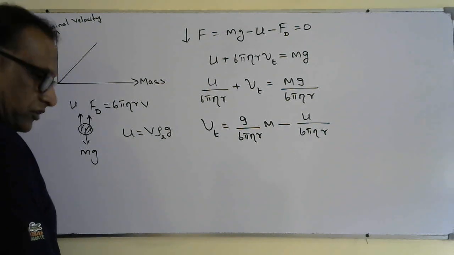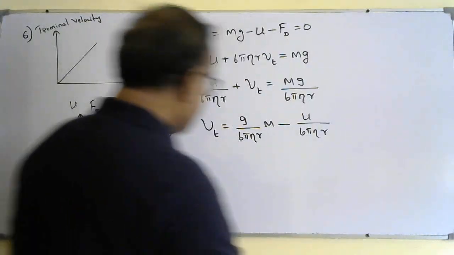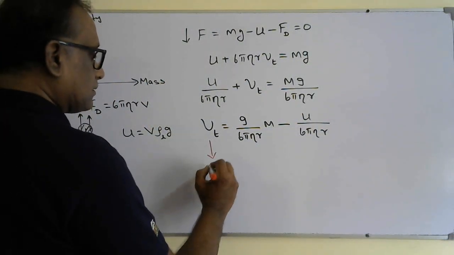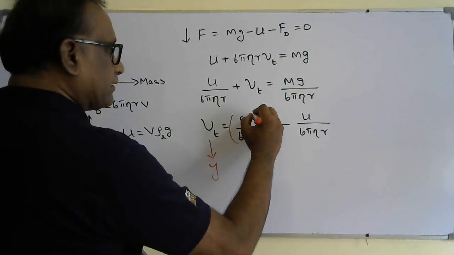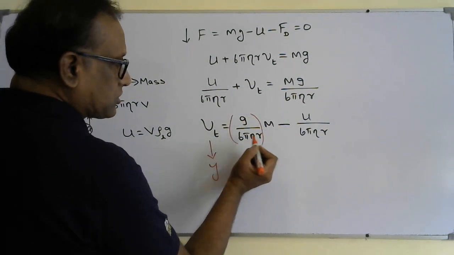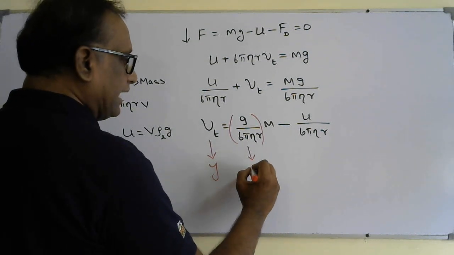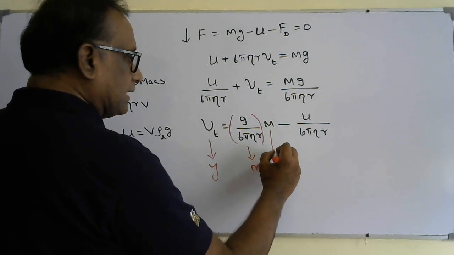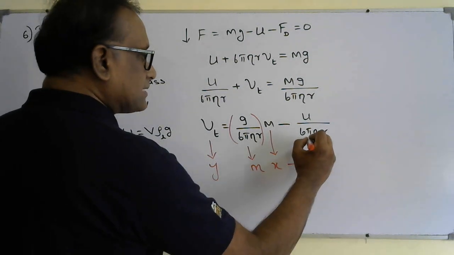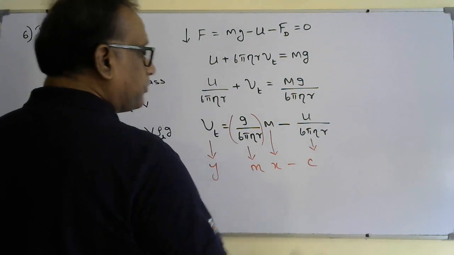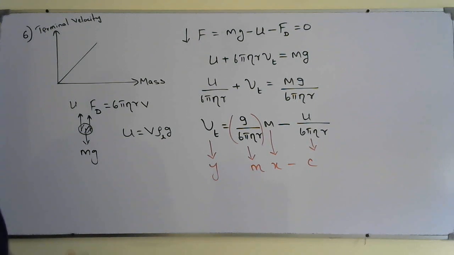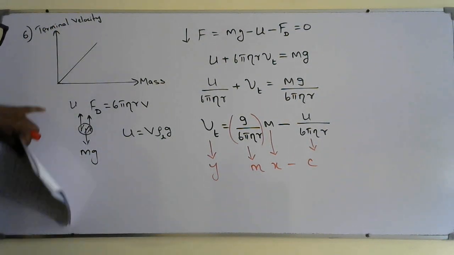Okay, so the graph is going to be like this. This is the y-axis. This is going to be the gradient, because everything is constant: g is constant, eta is constant, r is constant. This will be the x-axis, and the minus term is going to be the intercept. Here they are not telling us the origin is marked on the graph, so this graph is not starting from the origin.